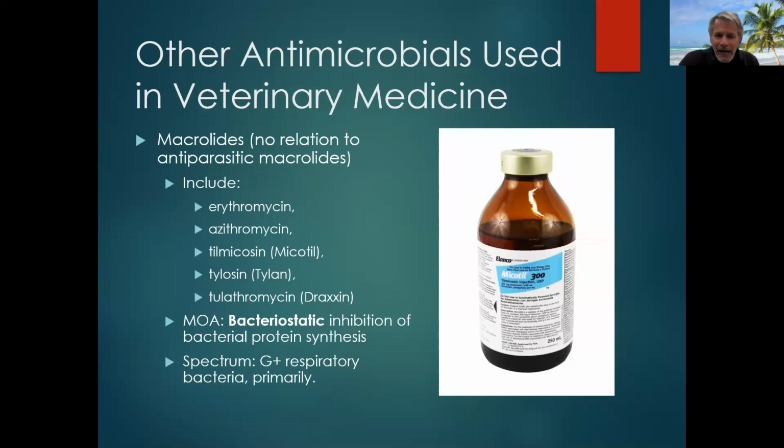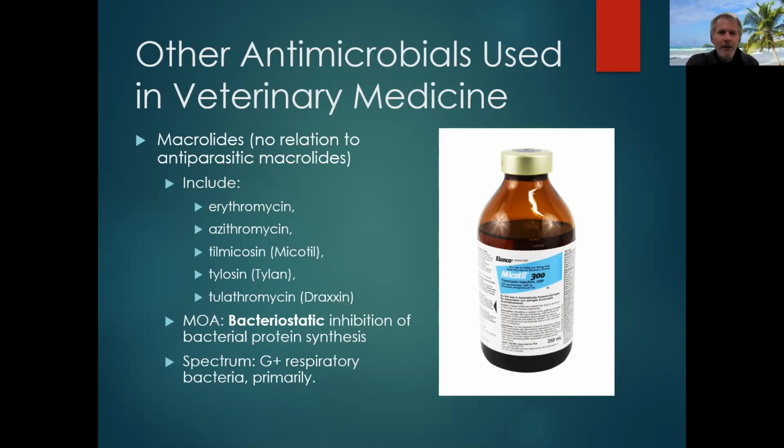So the Z-Pak is a member of a group called the macrolides. There's no relation to the macrolides you learned about in the chapter on antiparasitics, right? These are nothing like ivermectin, okay? So this is a totally different mechanism, just the same name.